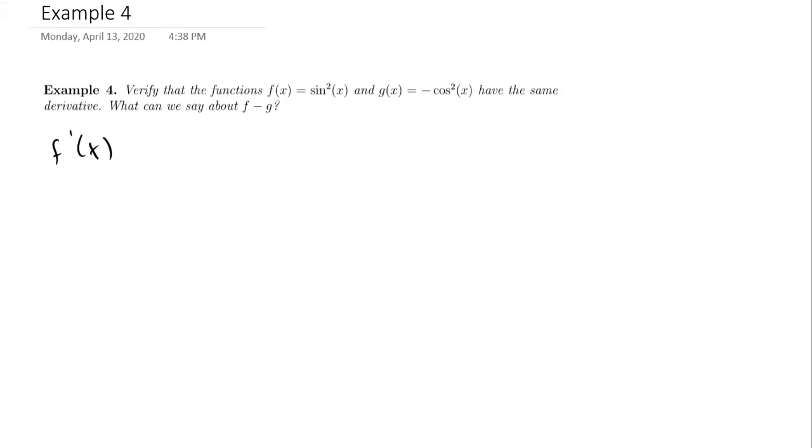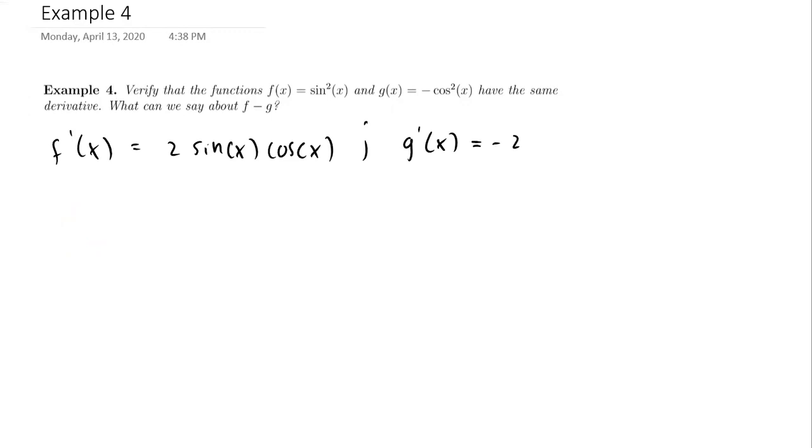So basically just find what the derivatives are. What's the derivative of f? You just have to use the chain rule here. We've done this a couple of times. So derivative of the outside, leave the inside the same, multiply by the derivative of the inside. Derivative of sine is cosine. What's the derivative of g? Same thing. You can leave the negative outside. So forget about it. Just take the derivative of the rest.